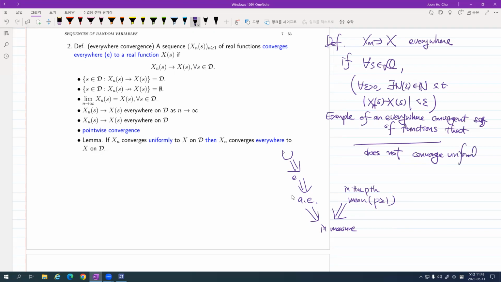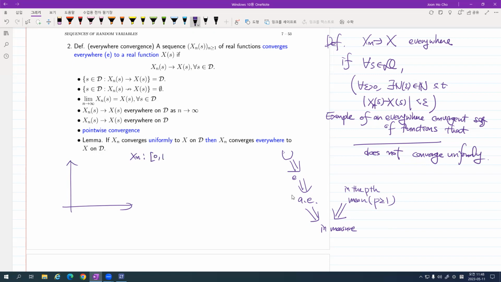If I provide you such an example, you'll be assured that these two definitions are different. So here goes the sequence. I hope I still remember that example.